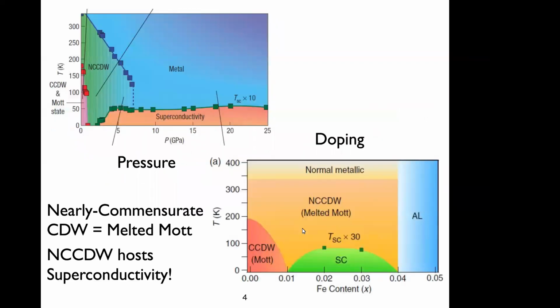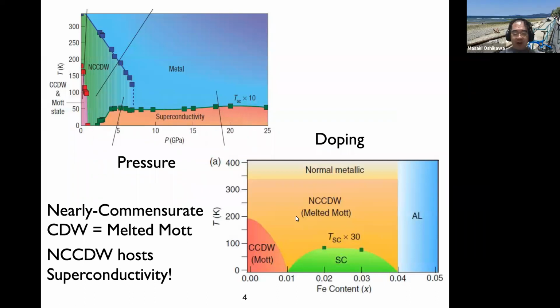Okay, then another interesting aspect is that by going to very low temperature, this superconducting Tc is multiplied by a factor of 10 or 30. So it's actually very low temperature, but at very low temperature, they find a superconducting phase.